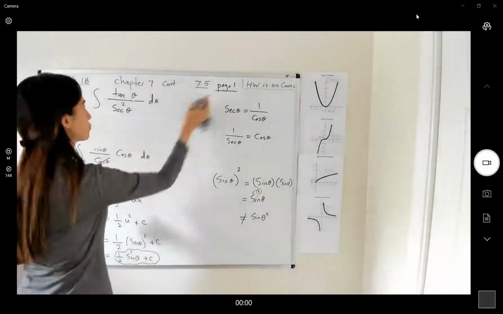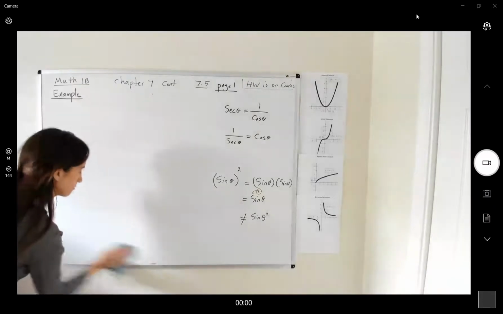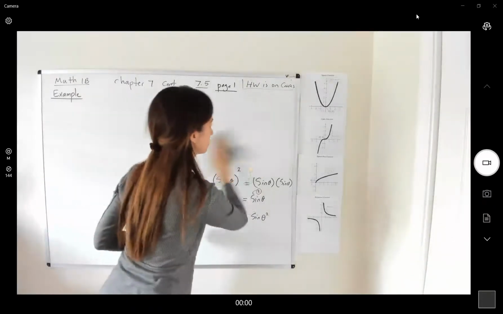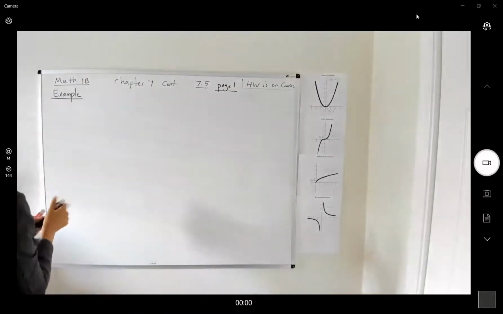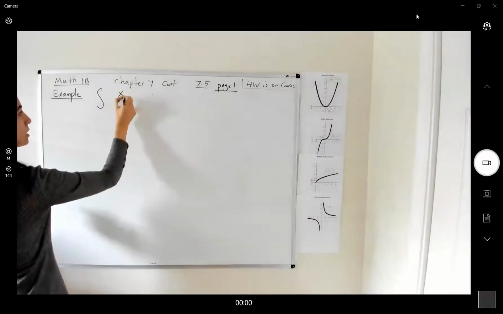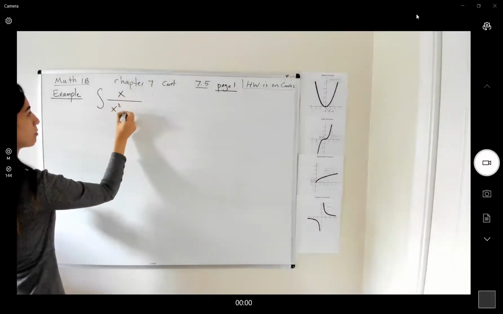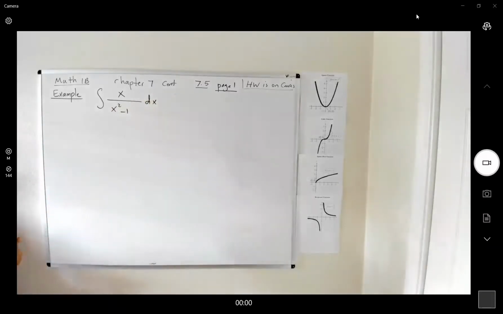We are still on page 1. So now the question says, find the integral of x divided by x squared minus 1 dx. Very well.